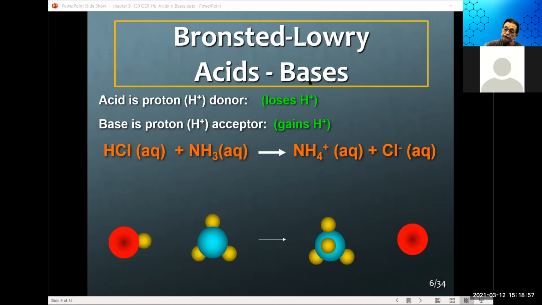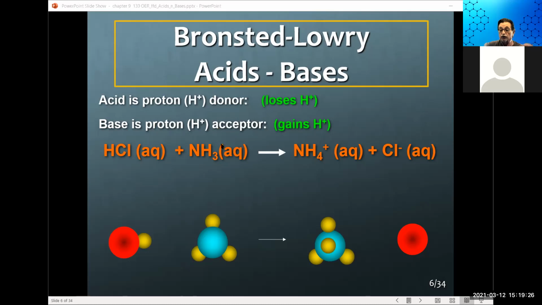Now, Arrhenius acid and the Bronsted-Lowry acid, basically the same thing, okay? In both cases, they produce or lose a proton. Either way, somebody's making a proton, okay, which is the acid part. Where they differ is the definition of the base. For Bronsted and Lowry, the base is whatever chemical accepts that proton, okay?